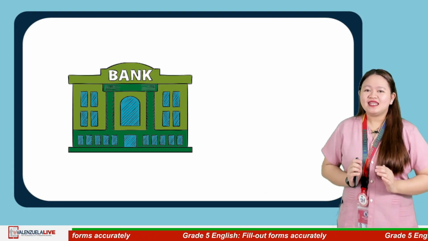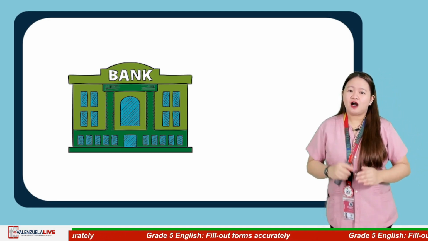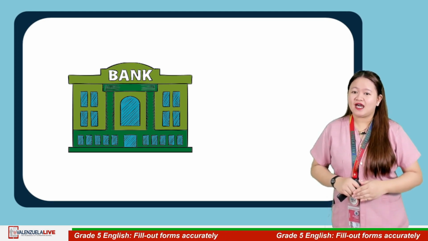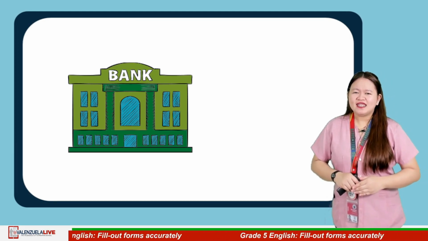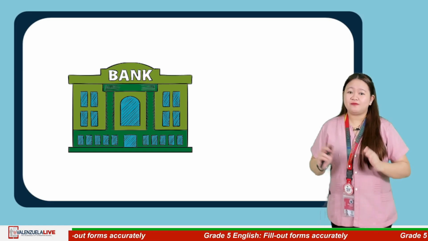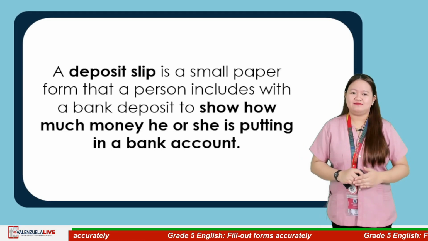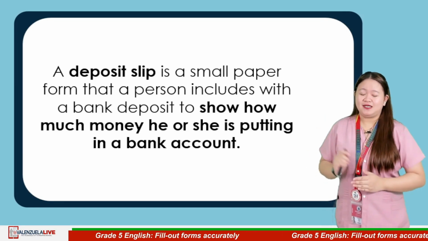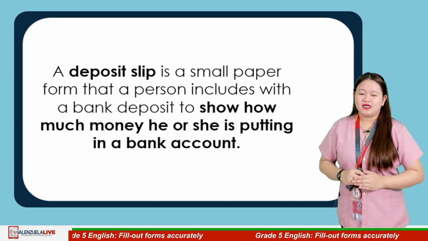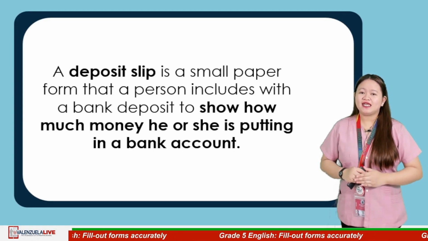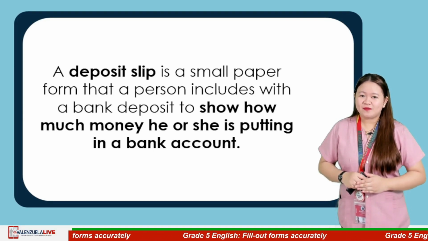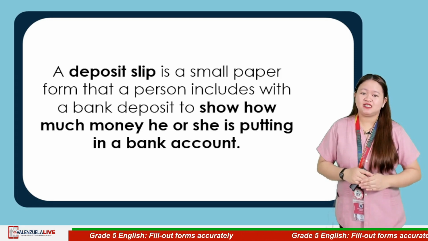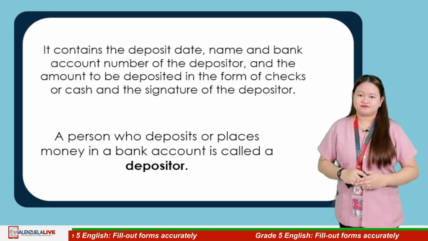Well done. Now, have you ever accompanied your parent to the bank? Have you seen them filling out a deposit slip? Now, let's pretend that you have to deposit your savings in a bank. Let us first know what a deposit slip is. A deposit slip is a small paper form that a person includes with the bank deposit to show how much money he or she is putting in the bank account.